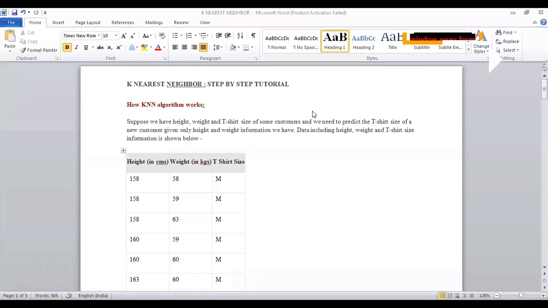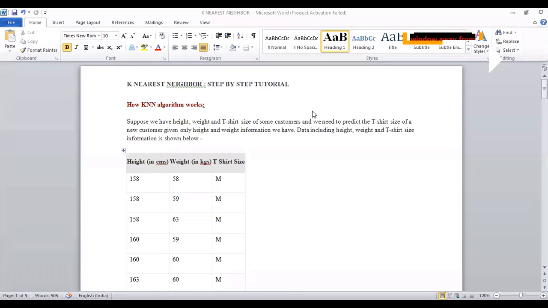For this identification, we can use the KNN algorithm as it works on a similarity measure. Our KNN model will find the similar features of the new data set to the cats and dogs, and based on the most similar features, it will put it in either the cat or dog category. So why do we need a KNN algorithm? All those things we will see in this example.